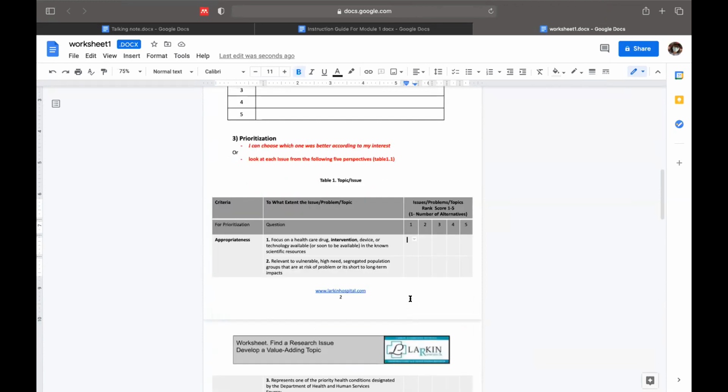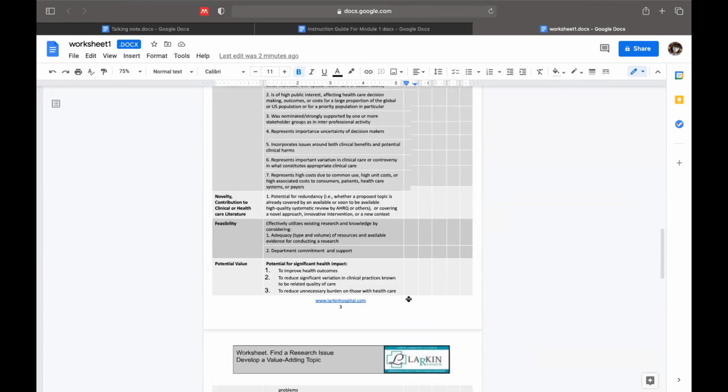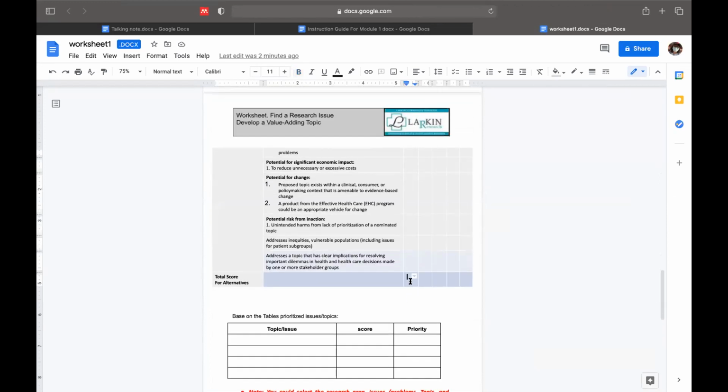For each question, you grade from 1 to 5 for each issue, with 1 being the lowest and 5 being the highest. And at the end of this tool, in the total, you'll have a total number for each issue. It could be 15 for one when you add them all up. The one with the highest is supposed to be the issue that should have the most priority, the issue that will have the most impact on research.